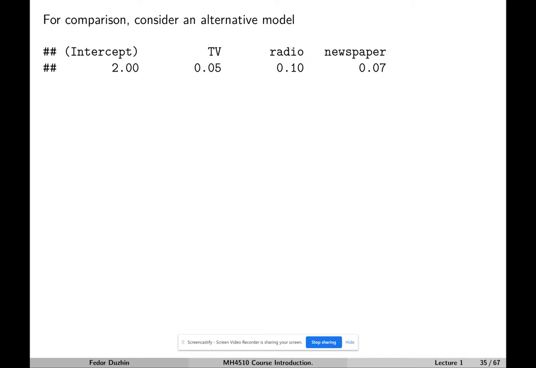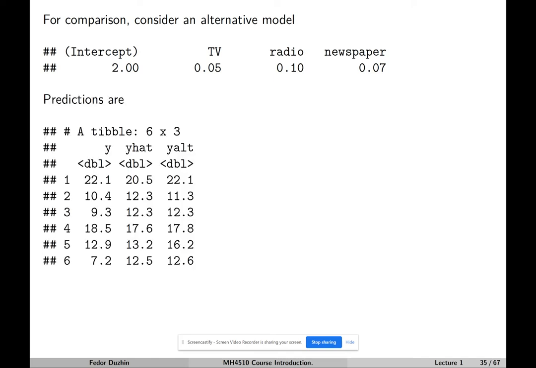Just for an example, consider a hypothetical alternative model. Instead of the values of these parameters that we found in R, I just took some random numbers, and then these are the predictions. And of course, sometimes my alternative model could be better for some observations, like here, where it is closer to the observed value.